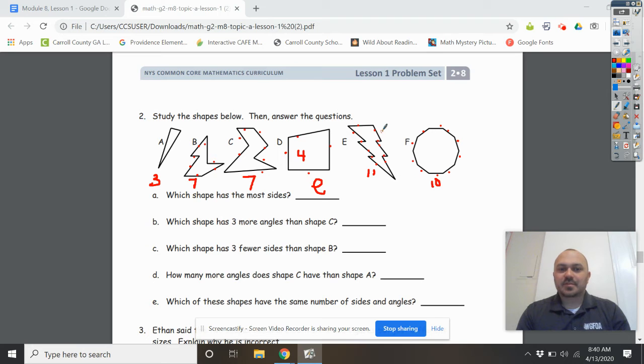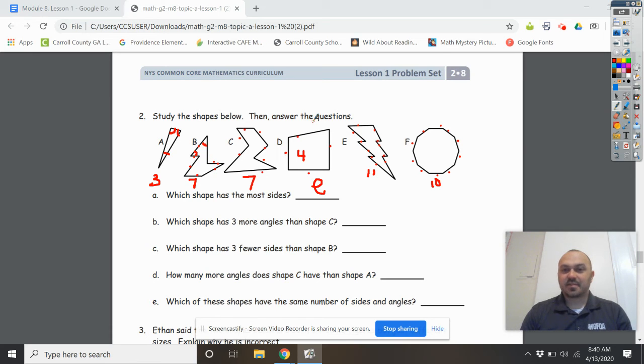So let's go to B. Which shape has 3 more angles than C? So let's count the number of angles. So here we have 1, 2, 3. Here we have 1, 2. Okay. So which one is going to have 3 more angles than C?